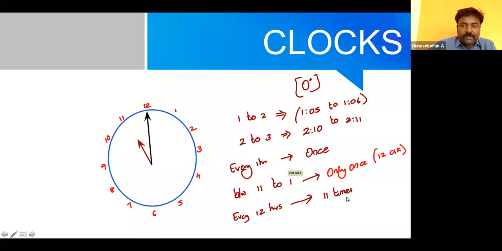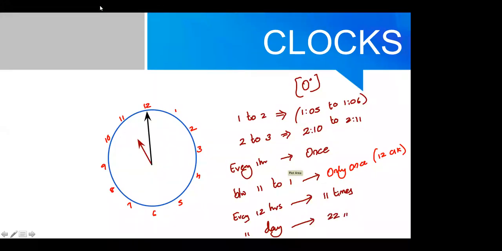Eleven times. Perfect. Every day, 22 times. That's the concept we are deriving.